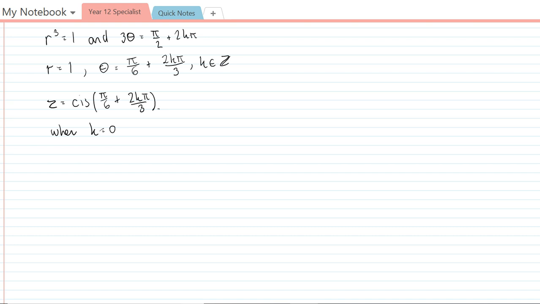So when k equals 0, we get z equals cis pi on 6. When k equals 1, we're going to get z equals cis of pi on 6 plus 2 pi on 3, which is going to be cis of 5 pi on 6.